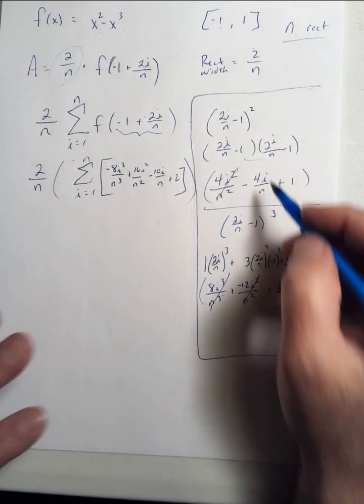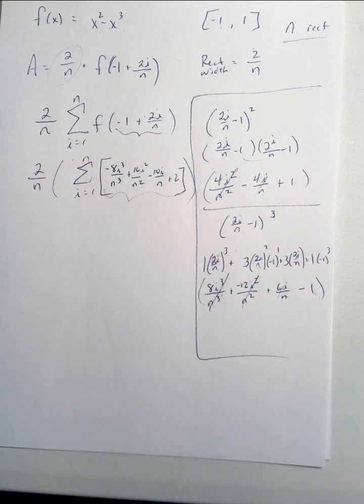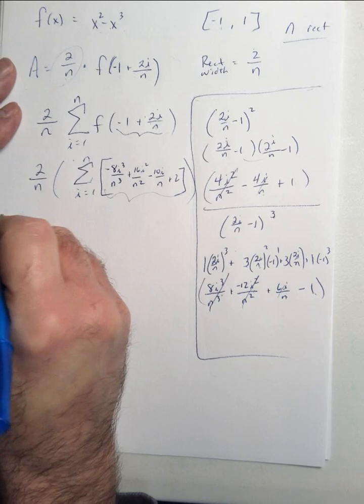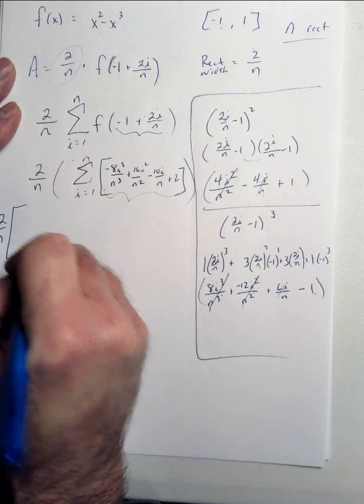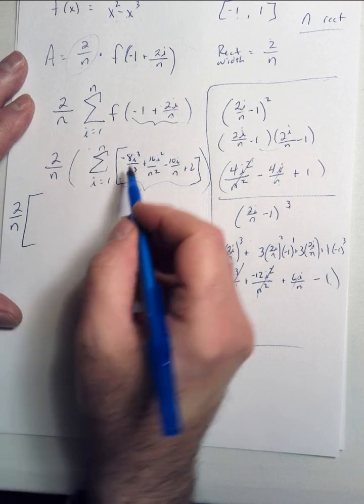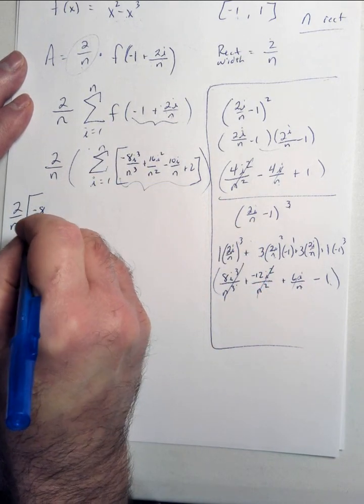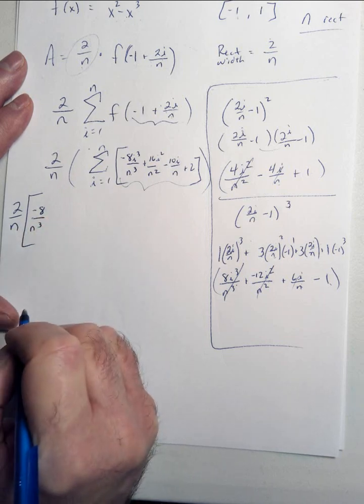Okay, so a lot of algebra there. So now we got to do what? We got to split all that up. So I've got my 2 over n times, and again we're going to pull out our constants, so negative 8 over n cubed.